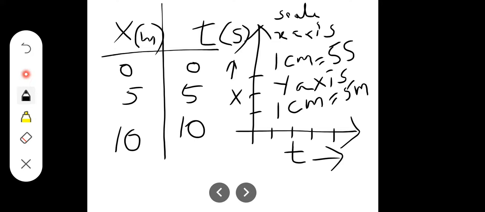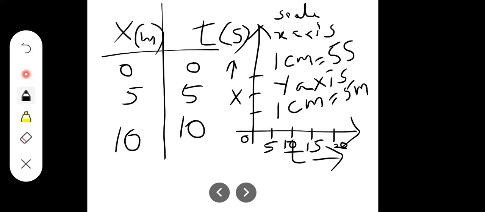So starting from 0 at the origin, I write 5, 10, 15, 20, and it continues like this. That is how we choose the scale, with a 5 second increment up to the end.